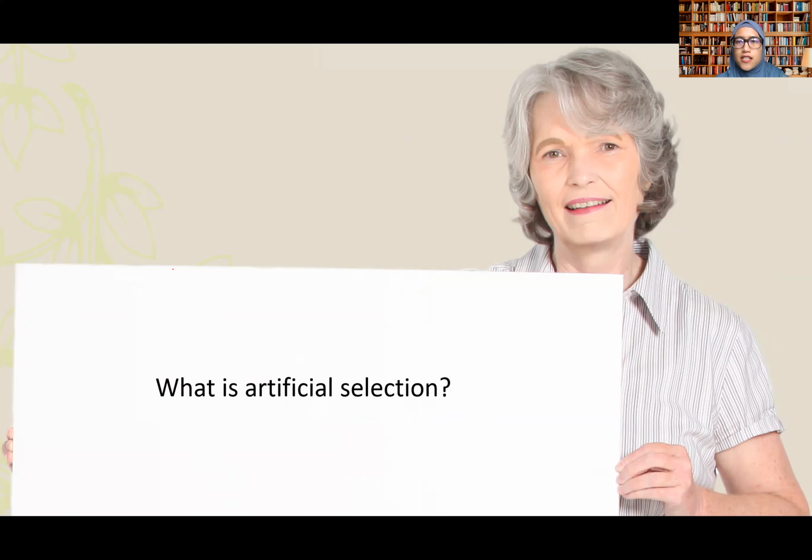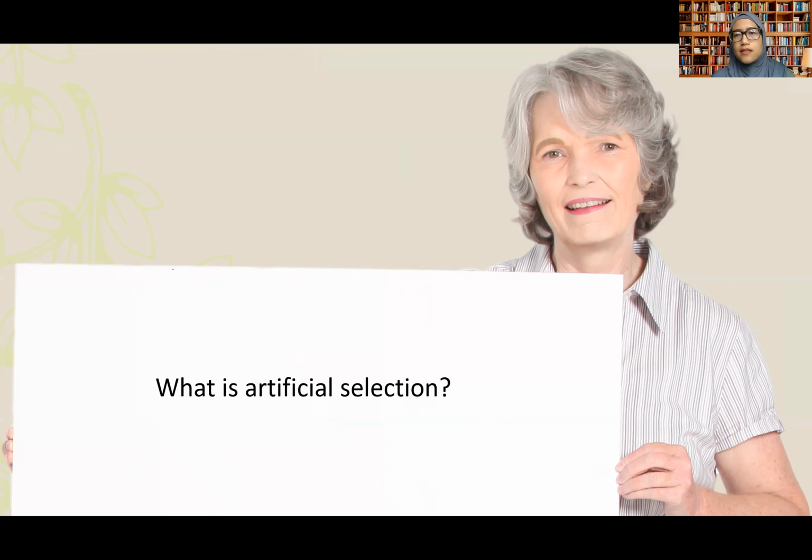So what is artificial selection? We've learned about natural selection. So what is artificial selection? I already talked about this before. Artificial selection is the one with farmers selecting for crops that they want, or for animals, like big cows, goats, chicken, watermelon, corn, rice, wheat.